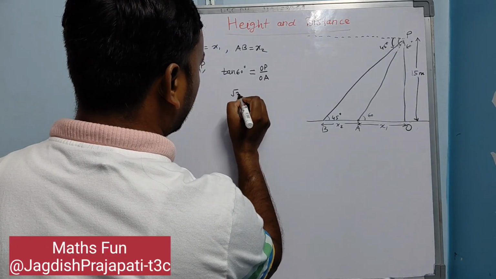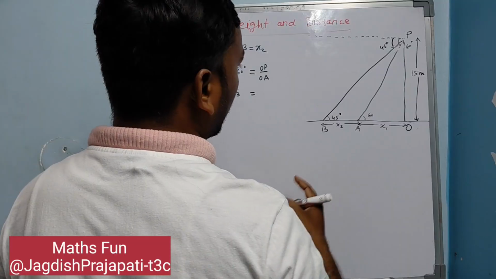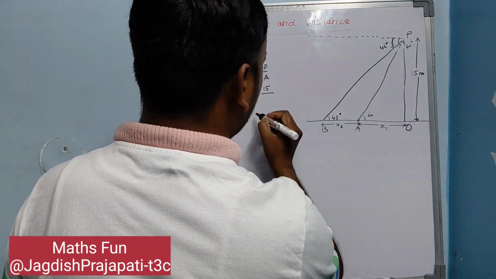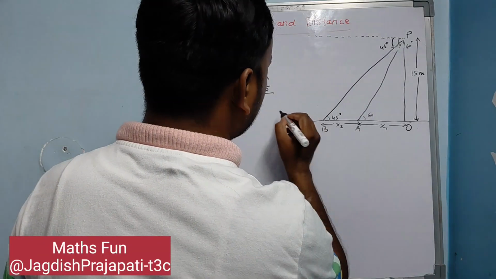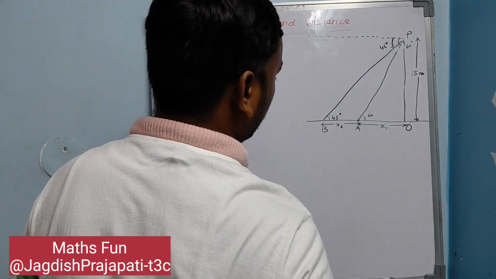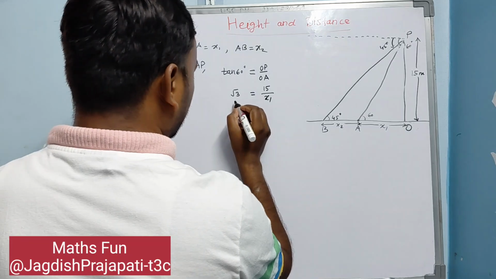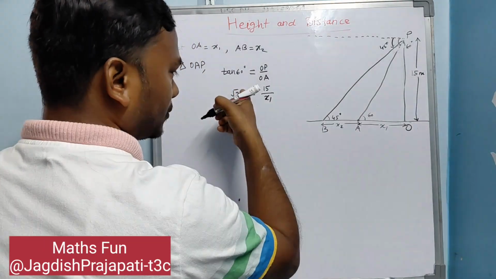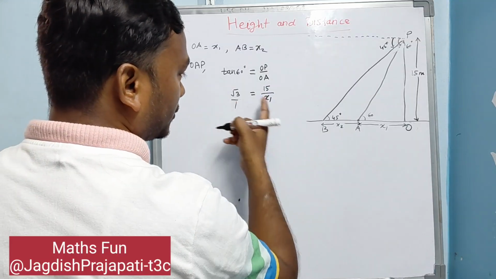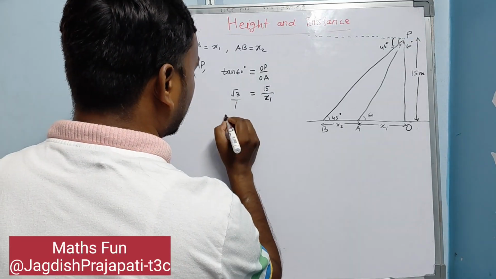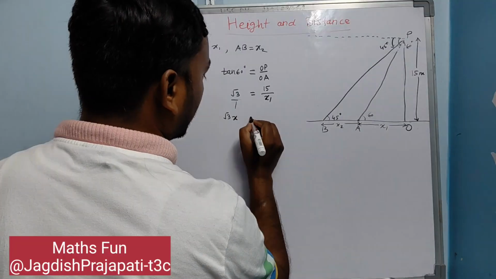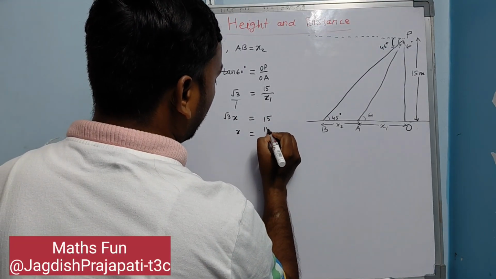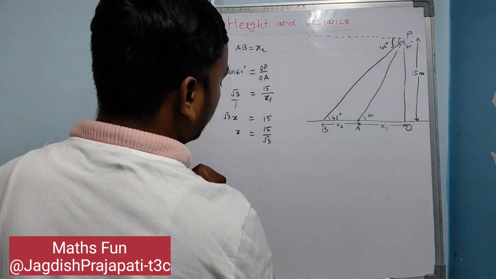Tan 60 is under root 3 and OP is 15 meter, and OA is, we have suppose this is x1. Okay. So now we can assume 1 as a denominator of this root 3. Now using cross multiplication we can write like this, under root 3 x equal to 15 or x equal to 15 by root 3.